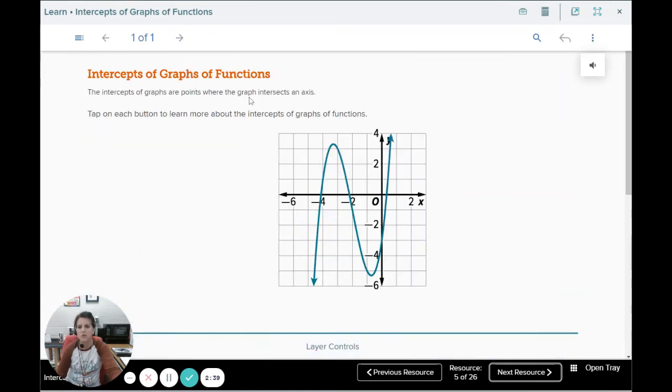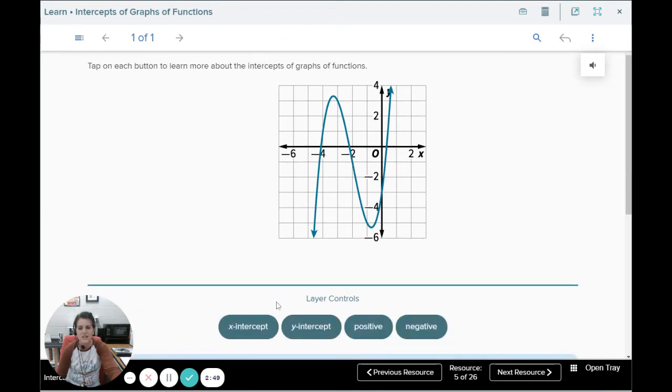So the intercepts of graphs are points where the graph intersects an axis. It's where it crosses an axis. So looking here, we have several different intercepts. We've got the x-intercepts here at -4, -2, and whatever this point is, somewhere between 0 and 1. We also have y-intercepts. My y-intercept is down here at -3.